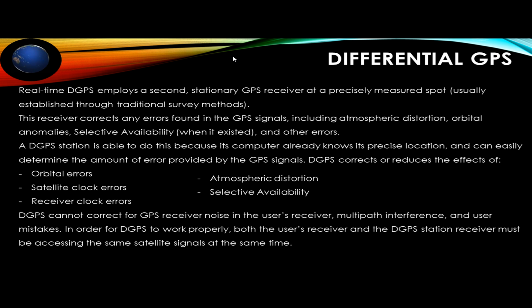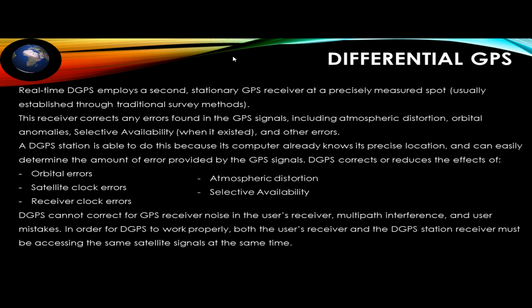Atmospheric distortion is any distortion caused by the atmosphere, the troposphere or ionosphere layer, which I discussed earlier in the sources of GPS error. It is easily taken care of through DGPS. And selective availability means the information is properly maintained, as DGPS is able to account for all this error and distortion.